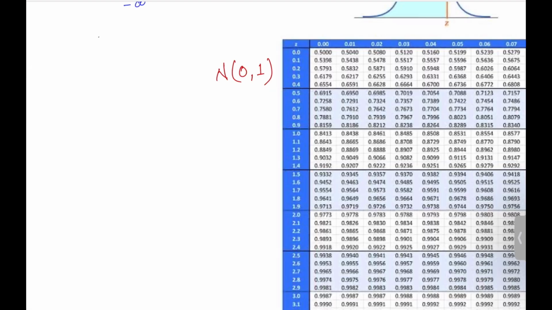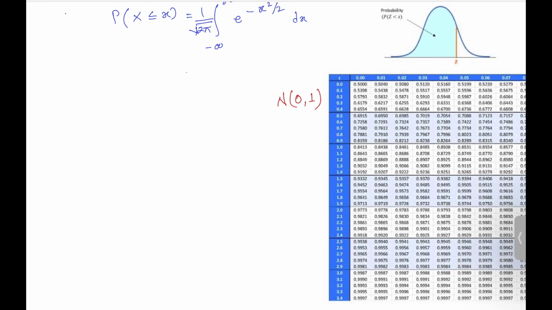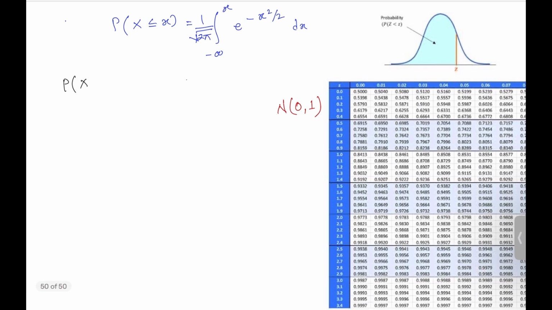And if I ask you what will be the probability that the standard normal random variable X takes the value less than or equal to 0, that means you are interested in finding the probability of this event.